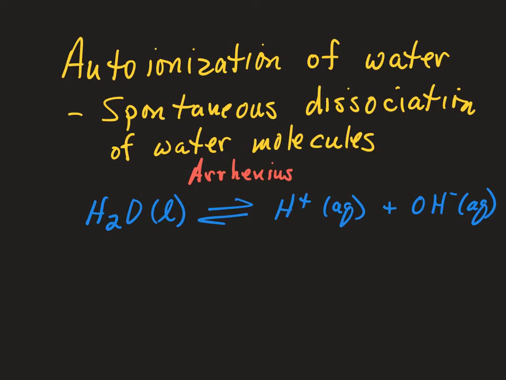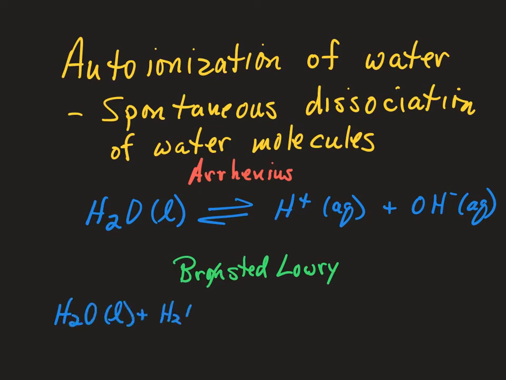If you happen to be dealing with someone who likes to think more Bronsted-Lowry, then it would look more like this. You'd have water plus water, because one water molecule acts as the acid, the other one acts as the base.